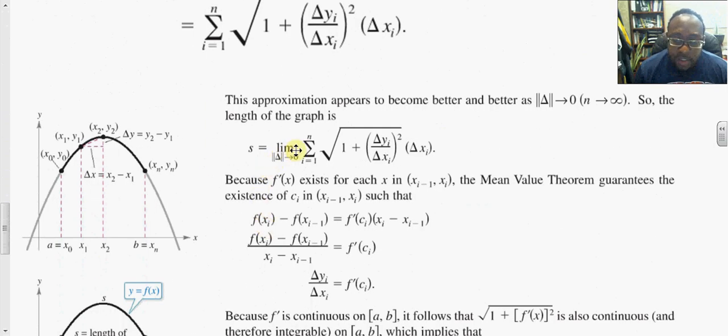So here, this limit is read as the norm, the measure of the partition, and the standard partition that we call delta is equal to b minus a over n. As n goes to infinity, we say that the partition shrinks.